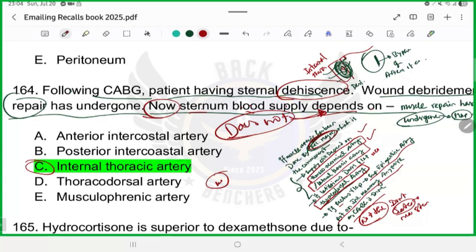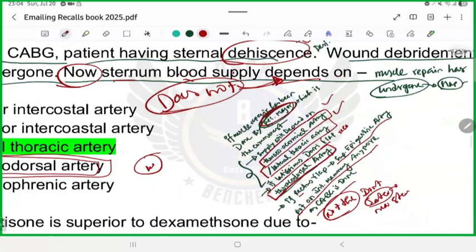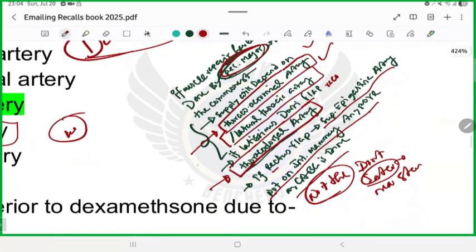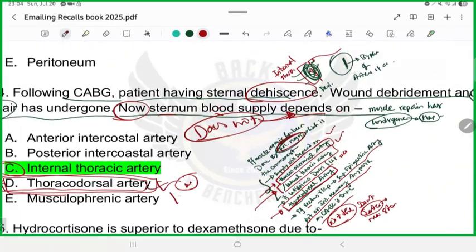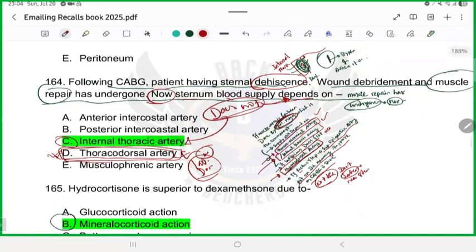If they don't mention any muscle, just remember the names of these arteries. They will not give superior epigastric because it's less common. They will give either thoracoacromial or lateral thoracic artery or thoracodorsal artery. So sternum blood supply depends on the thoracodorsal artery if a latissimus dorsi flap is used, or the thoracoacromial artery. And sternum blood supply does not depend on the internal thoracic artery.